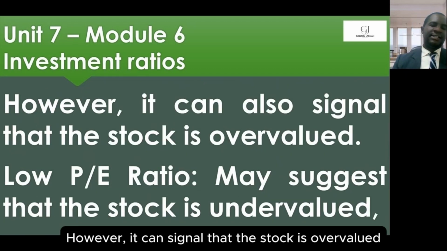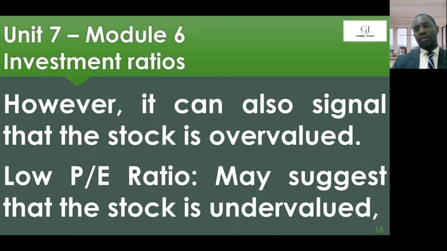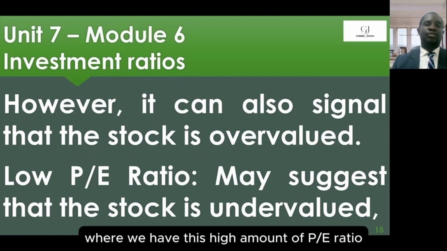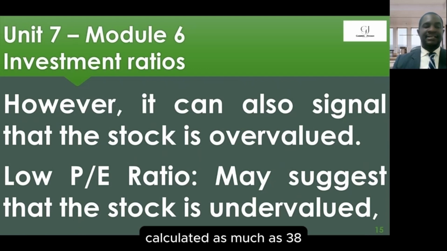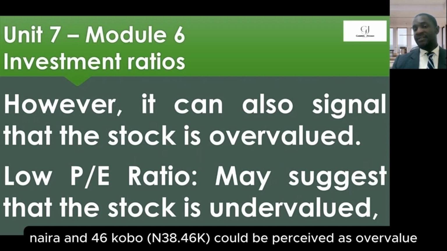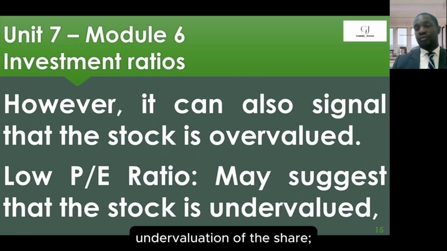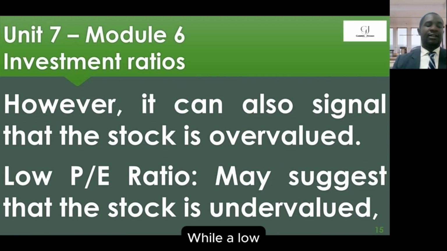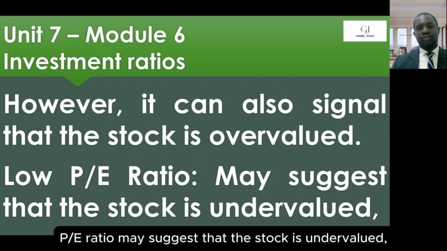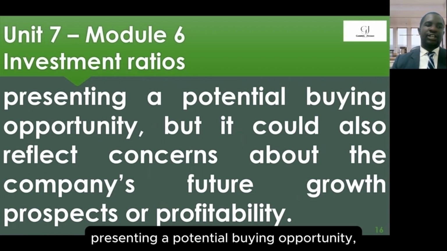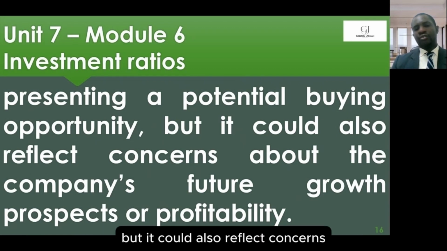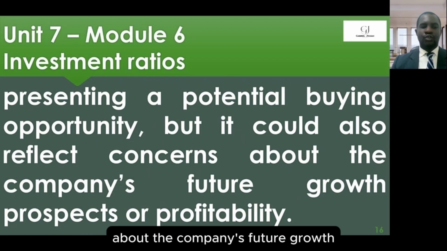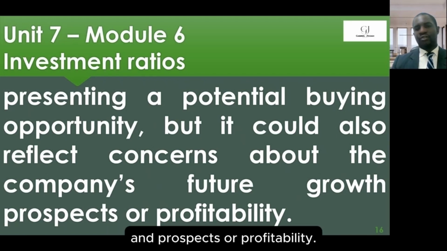However, it can signal that the stock is overvalued, where a high PE ratio as much as 38 naira 46 could be perceived as overvaluation of the share, while a low PE ratio may suggest that the stock is undervalued, presenting a potential buying opportunity, but it will also reflect concerns about the company's future growth and prospects for profitability.